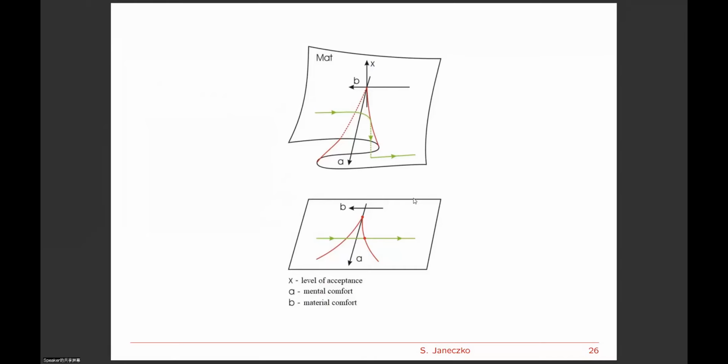B came to that point. B is material comfort. So for her, the material comfort is too small, so she rejects you. But if you have a big material comfort B, but mental comfort is going down, so this psychological part, you just ignore it. Then she's still with you, like before.